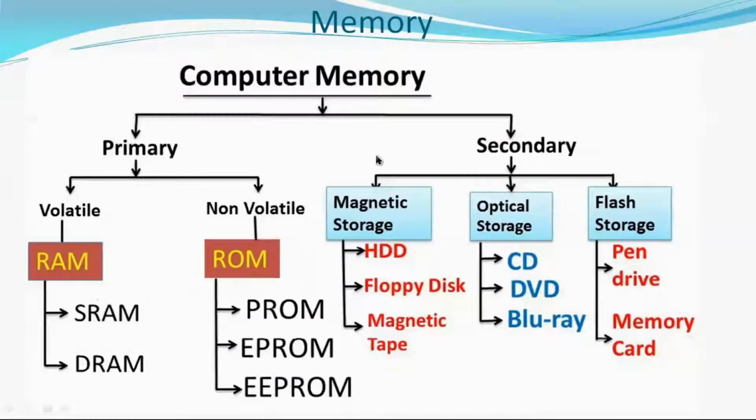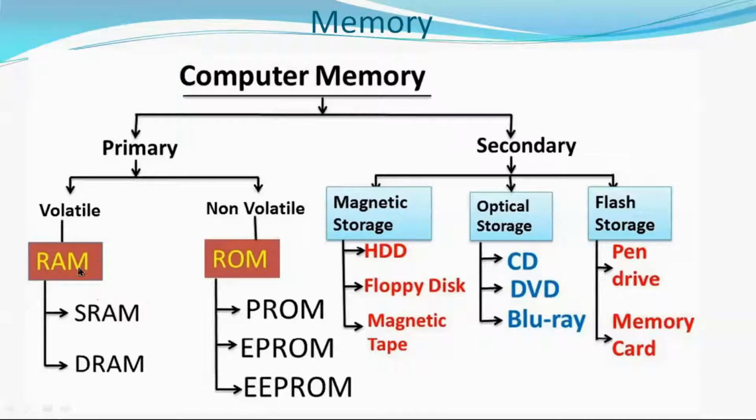Like I was explaining, the computer memory is divided into primary and secondary. The primary is the kind of memory we find in primary computer storage devices, and the secondary type is what we find in secondary storage devices. Further, the primary memory is divided into two: volatile and non-volatile memory.